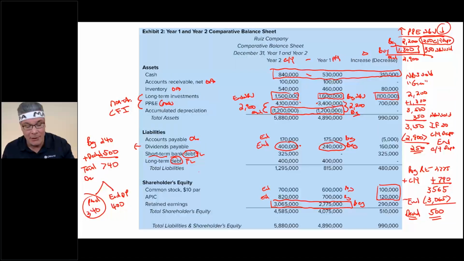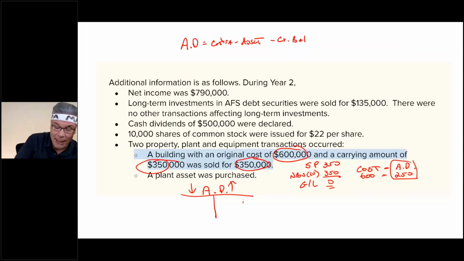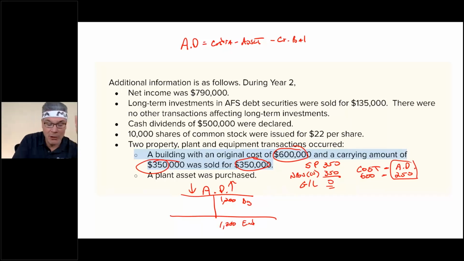Beginning and ending, $1.2 million. So my beginning balance, $1.2 million. My ending balance, $1.2 million. What makes accumulated depreciation go down? The net book value of anything you sold. What was the net book value of what I sold? Oh yeah, 250. Wait a second.